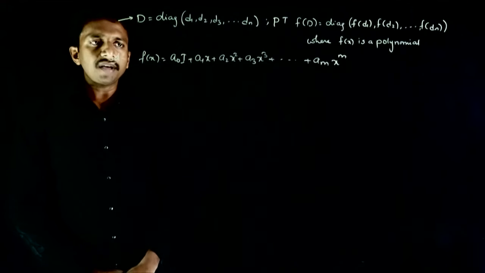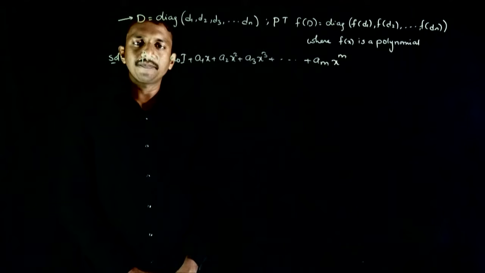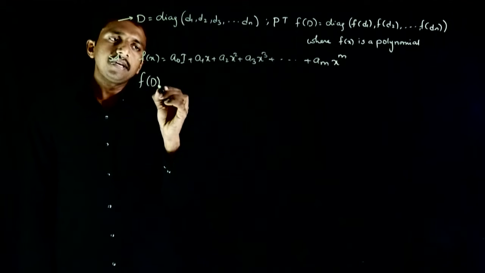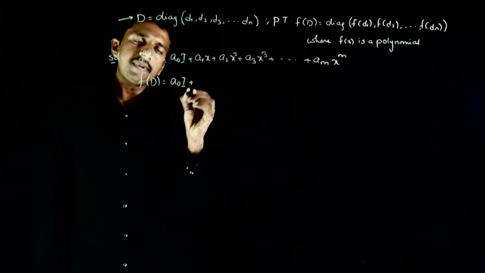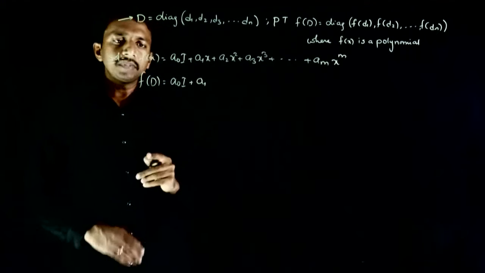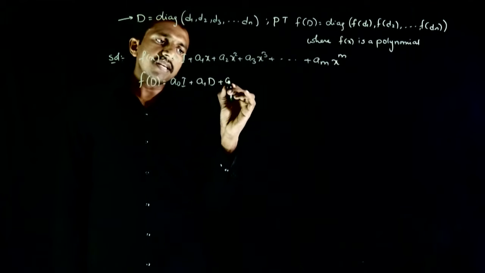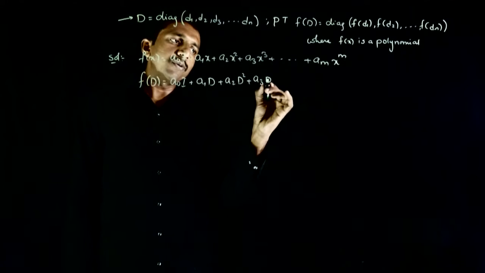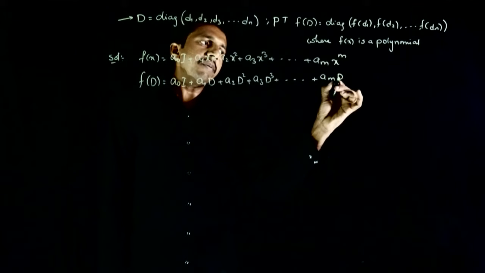So let us assume that f of x is an mth degree matrix polynomial. So now what is f of d? F of d is nothing but a0 into I plus a1 into, जहाँ x है वहाँ d सब्स्टिट्यूट करना है, d plus a2 d square plus a3 d cube plus so on up to am d power m.